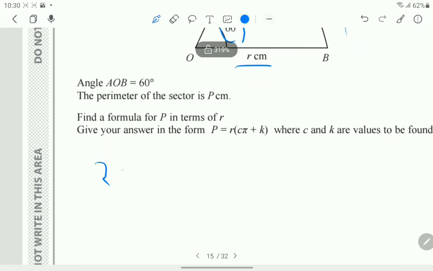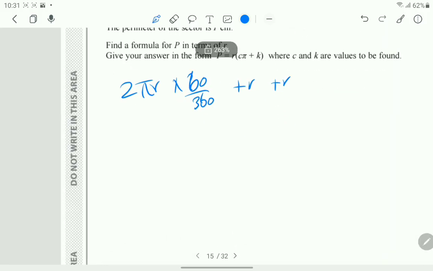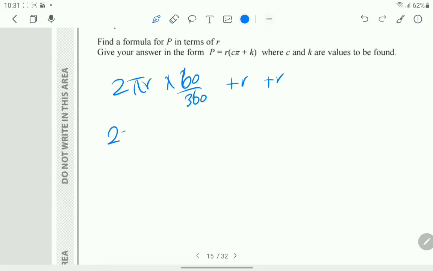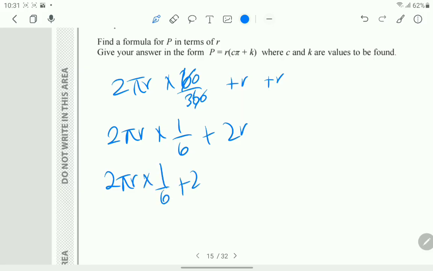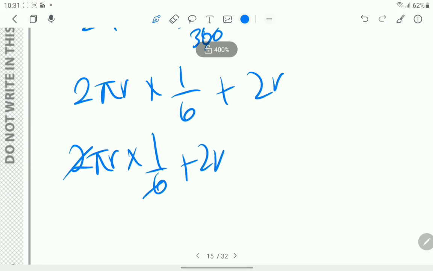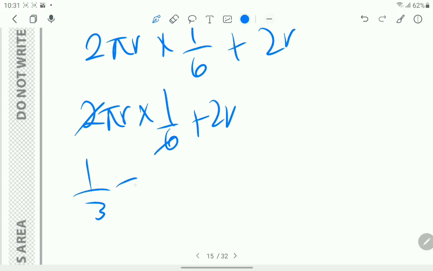So it would be 2 pi r times 60 over 360 plus 2r, and now we just make it look better. It would be 2 pi r into 1 by 6 plus 2r, and this cancels, so this would be 1 by 3 pi r plus 2r.